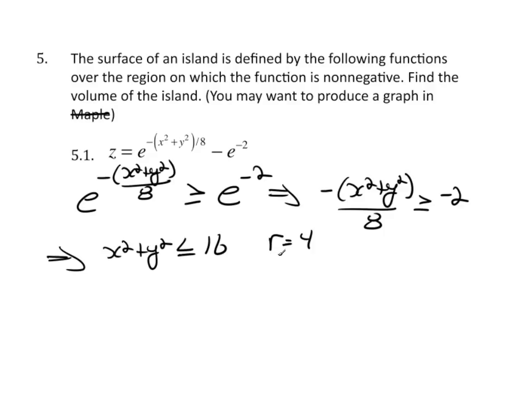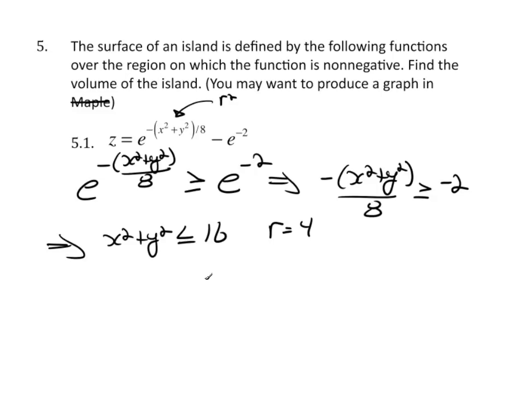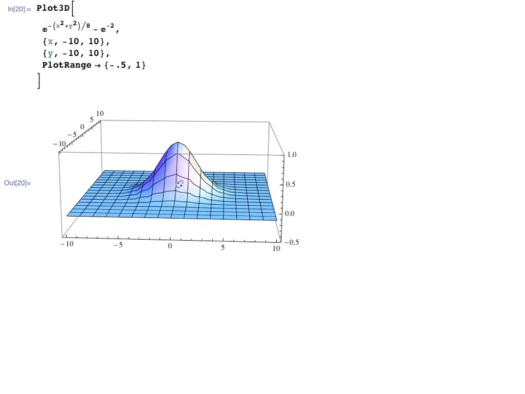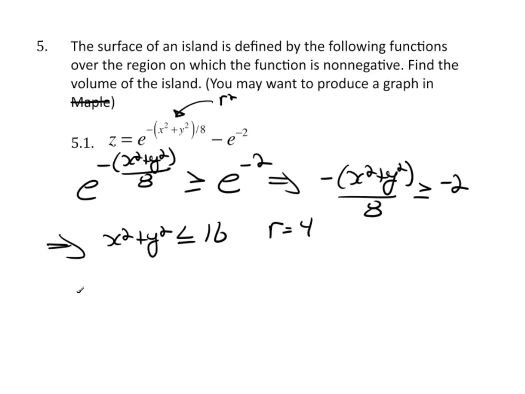Also notice that this is probably going to be a lot easier if I switch to polar coordinates, and this right here is r squared. So what I want to do is think in terms of this island again. I know that my radius is going to be 4, but I'm going all the way around, so theta will go from 0 to 2 pi. So I'll have a double integral. Theta would be from 0 to 2 pi.